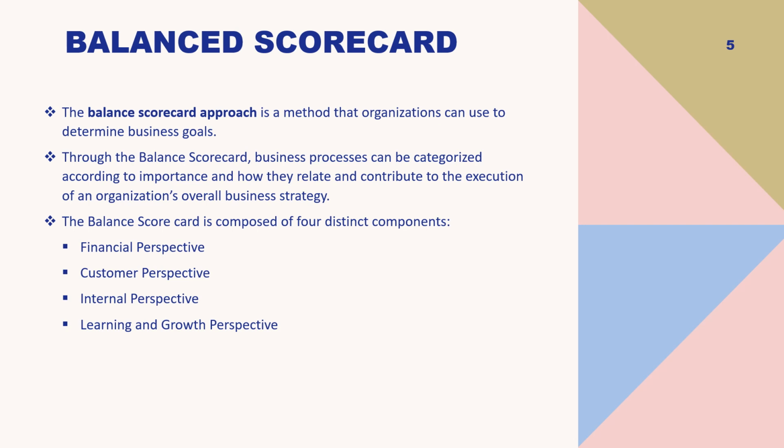And the final component of balanced scorecard is the learning and growth perspective, which focuses on setting up a thorough and complete process, and is also influenced by human capital, which is essentially the value of a worker's skills, information capital, the value of information and data, and finally, organizational capital.